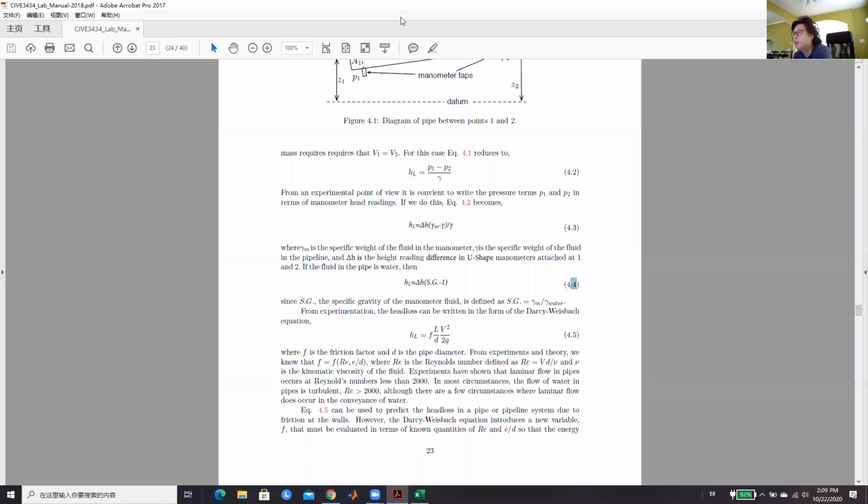As we know, the specific gravity is 1.95, and minus 1, the equation will be pretty simple. The head loss equals 0.95 times delta H.